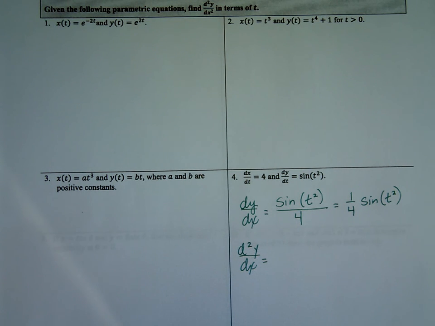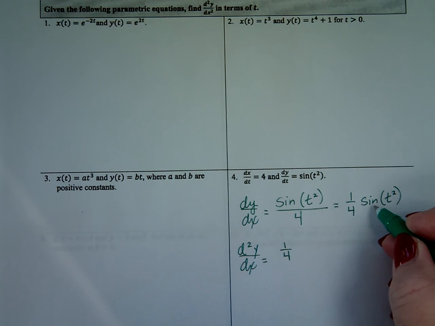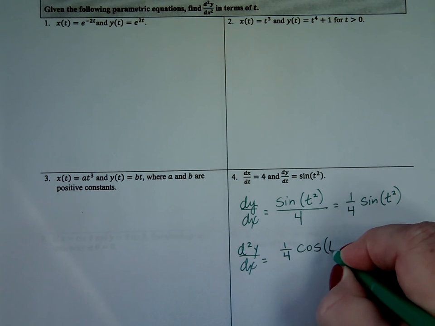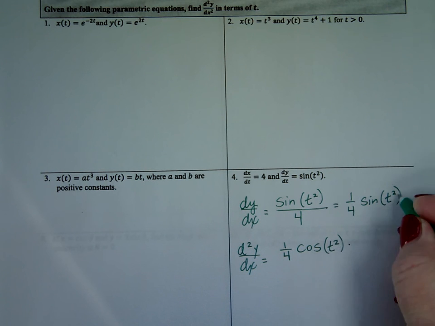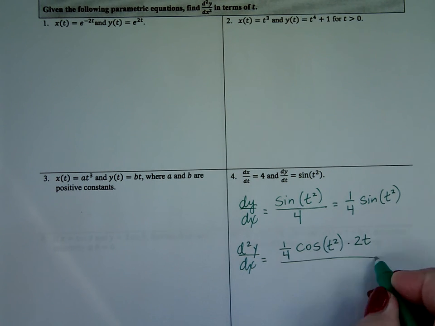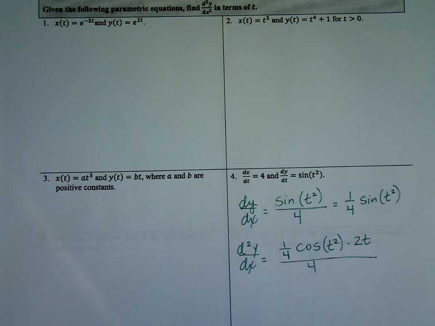So I would have 1/4 the cosine of t squared times the derivative of t squared, which is 2t, over the derivative of x, which is 4. So let's see if we can clean it up and figure out what the final best answer is.